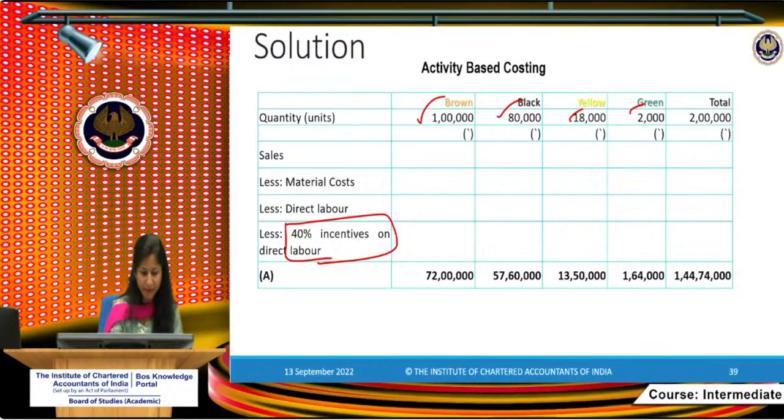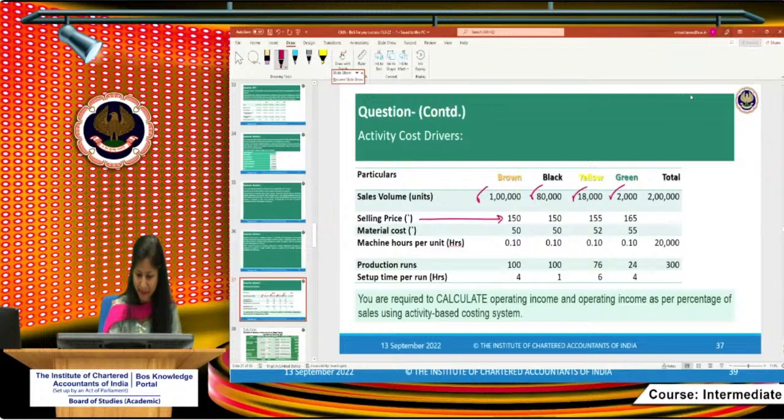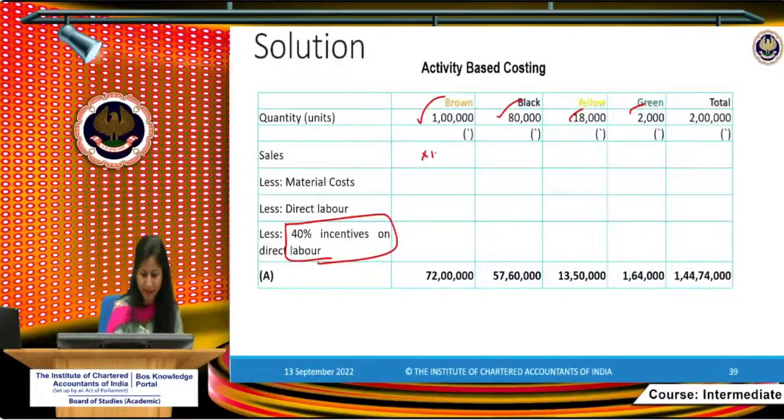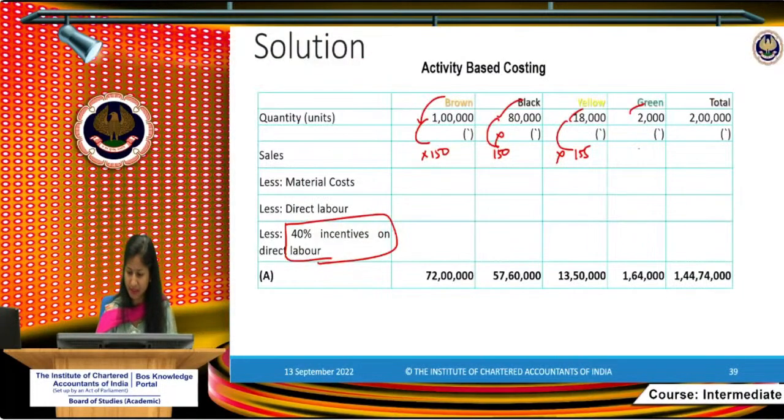We will multiply by the selling price: this into 150, this into 150, this into 155, and 2000 into 165. I think this is clear.